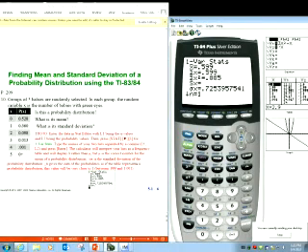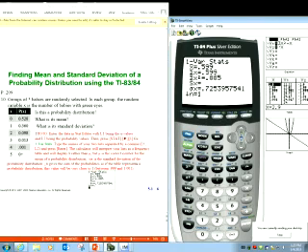All right. Like I said a minute ago, my calculator has no way of knowing that these are probabilities. The calculator thinks they're just frequencies. Thinks this is a frequency table where the possible outcomes are 0 to 5, and here's how many times a 0 happened and how many times a 1 happened.